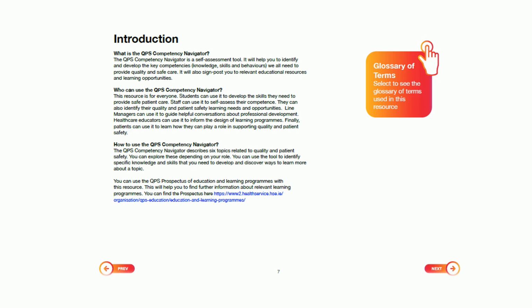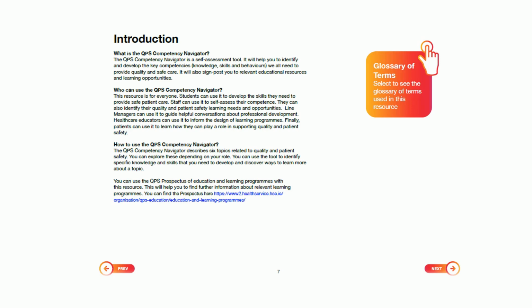There's also reference to the QPS Prospectus of Education and Learning Programs, which is a companion document to the Navigator. Throughout the document, we have provided live hyperlinks. For example, here is one that will take you directly to the prospectus, and this will ensure that wherever possible, you will always be signposted to the most up-to-date version of a resource.